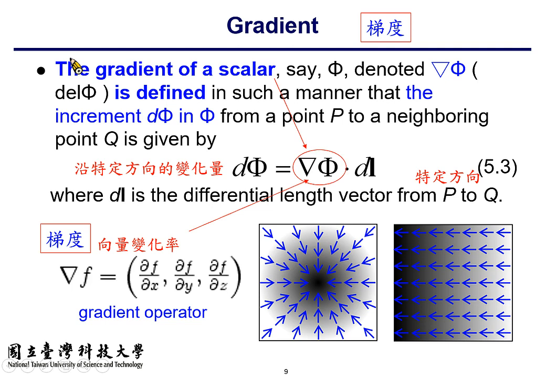So the gradient of phi is kind of a rate, a ratio. It only ends up with a quantity when it ties with a specific path. Okay, so is this d phi a scalar or a vector?